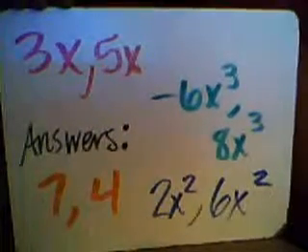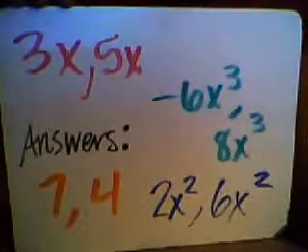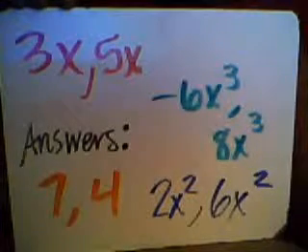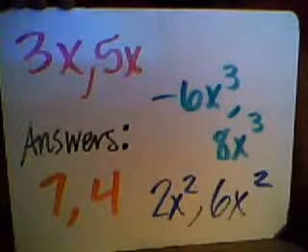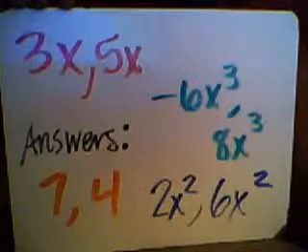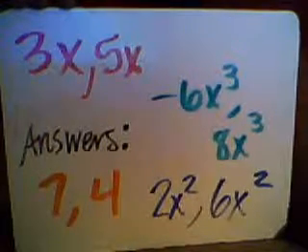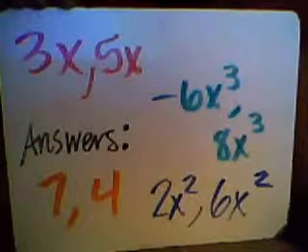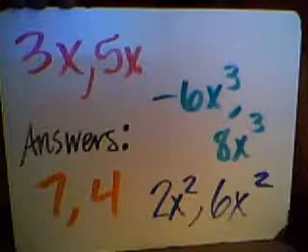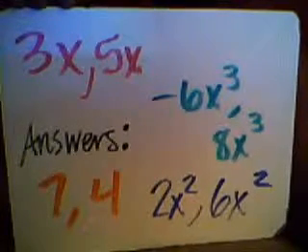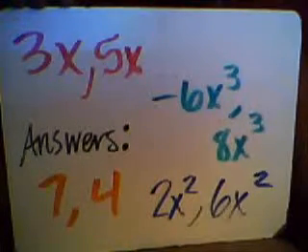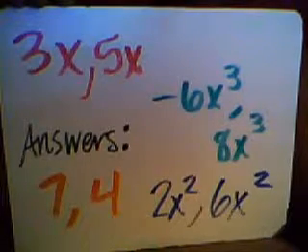Here are our answers. The 3x and the 5x go together. Those are pink. The bluish greenish color, negative 6x cubed and the 8x cubed. The orange, 7 and 4. Those are constants. They are still like terms though, if you think about the definition. They have the same variable to the same degree.